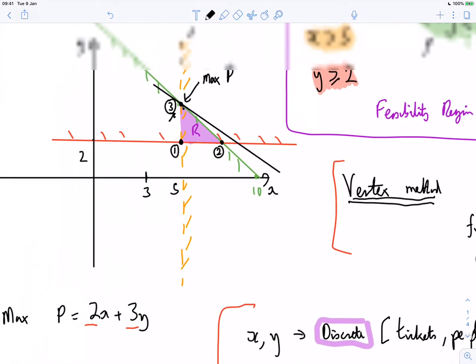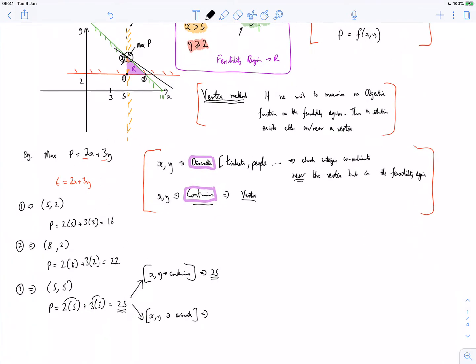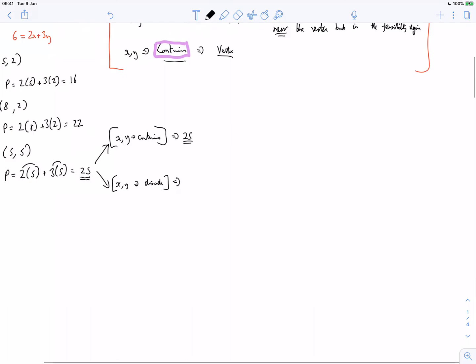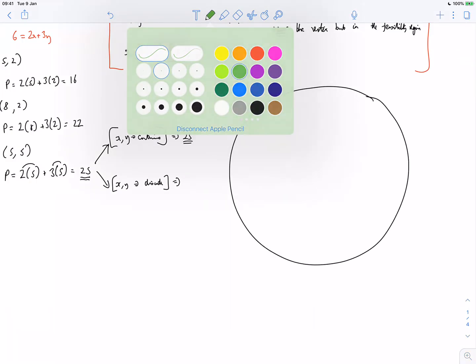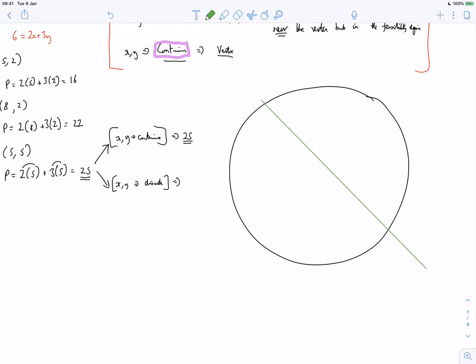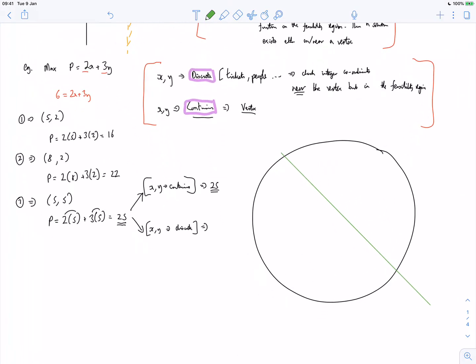Well, if I was to blow up this ring, so imagine we've blown up that ring, and we had the green line going like that, and the orange inequality popping down like so.